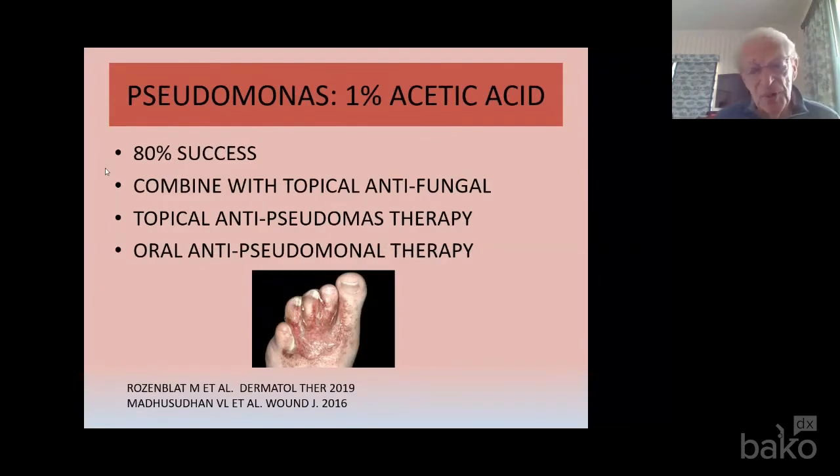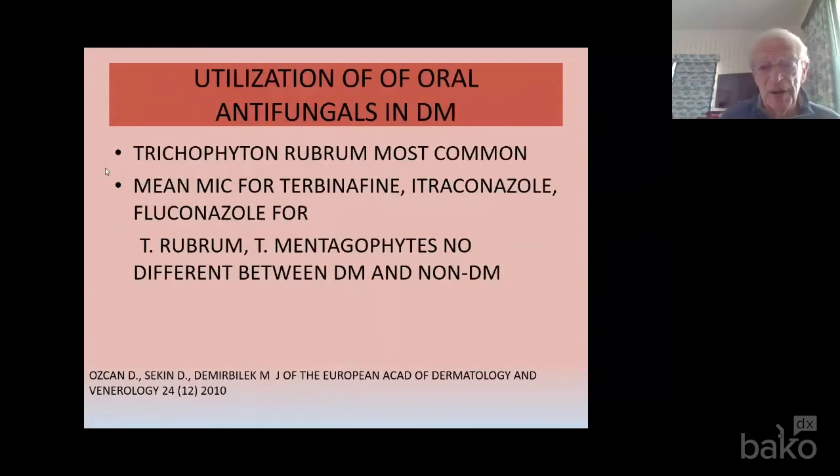If it's Pseudomonas, 1% acetic acid soaks in addition to oral anti-pseudomonal therapy or topical anti-pseudomonal therapy. With the intertrigos, you're frequently having to utilize multiple therapeutic approaches because, as was mentioned, you have multiple infecting organisms.